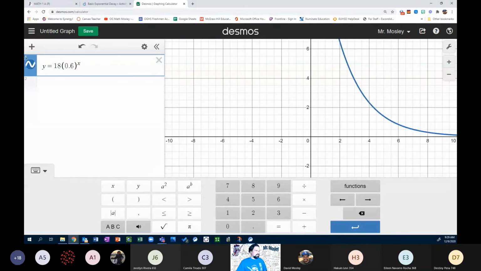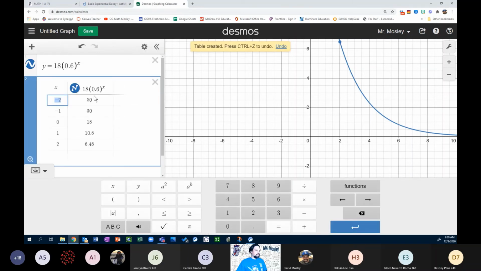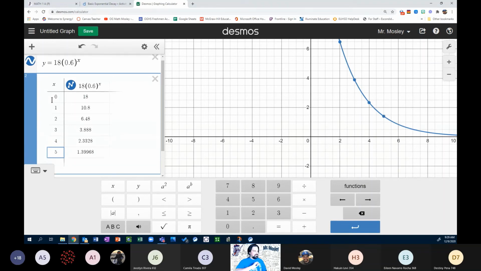If I go to this little gear and say duplicate, then convert to table, I'm just going to edit these values in the X: 0, 1, 2, 3, 4, 5. Now I have all my answers.